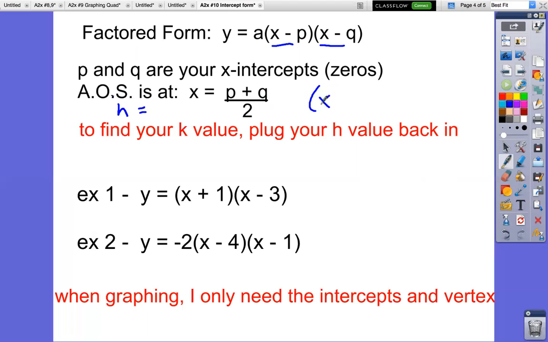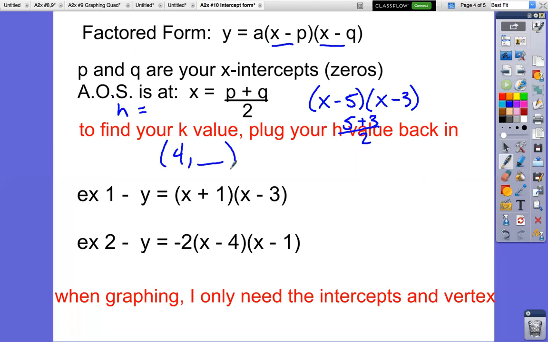What if I gave you x minus 5 and x minus 3? What are your P and Q values really? 5 and 3. There you go. So it's 5 plus 3 divided by 2, and 8 divided by 2 is 4. So your H value would be 4.